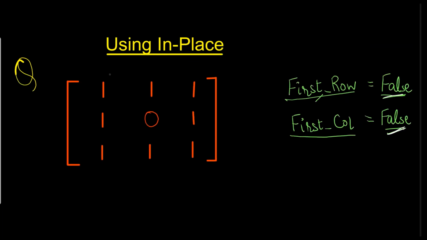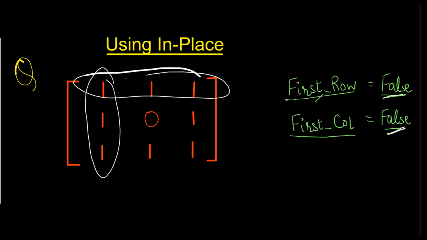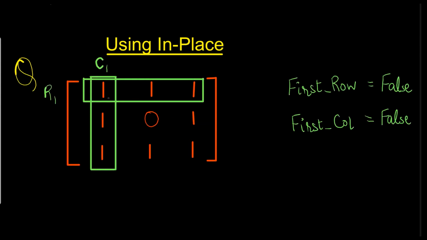If any of the elements in the first row and first column is 0, I will simply make these flags true. Here if I check row wise, there is no 0. If I check column wise, there is no 0 as well. So we will keep first row and first column as false only, right?